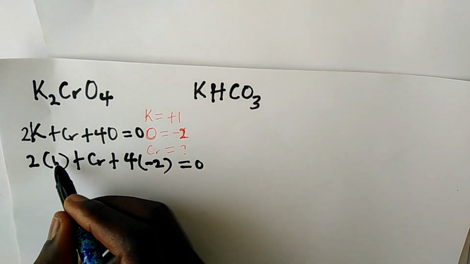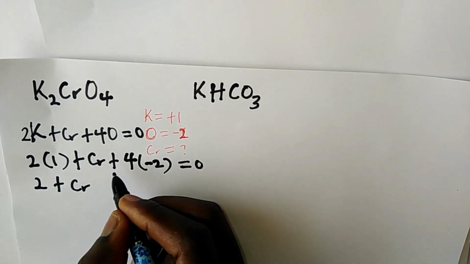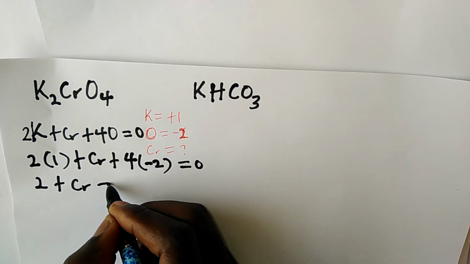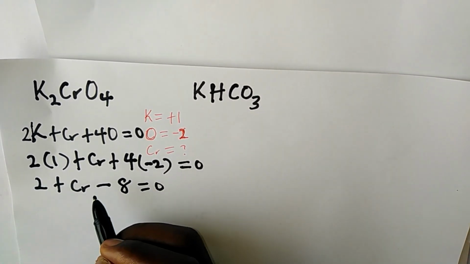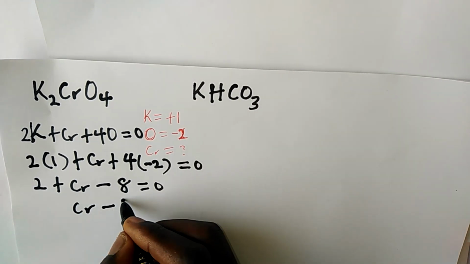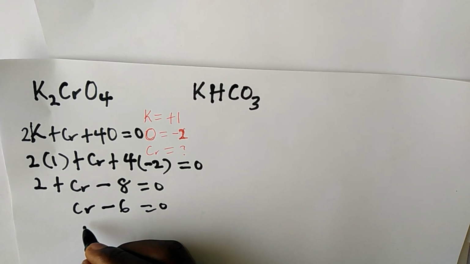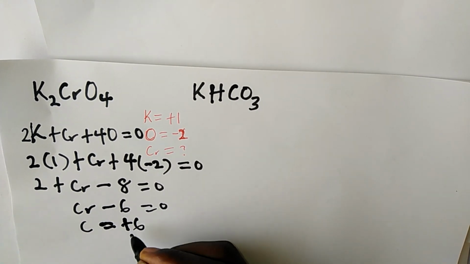So we say 2 times 1 is 2 plus chromium minus 8 is equal to 0. Now 2 minus 8, we have chromium minus 6 is equal to 0. Chromium is equal to plus 6.